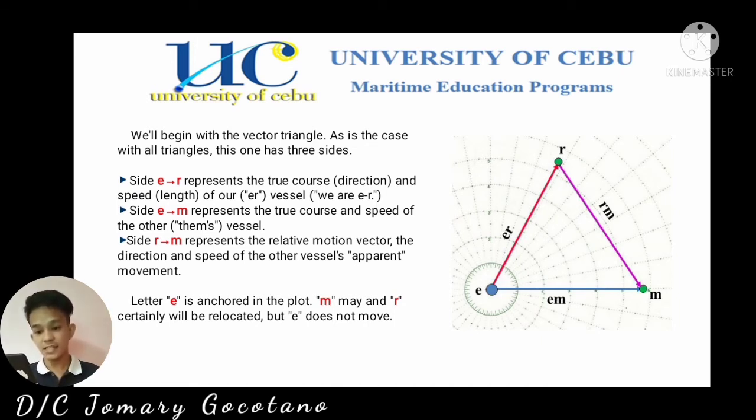Next is side EM, which represents the true course and speed of the other vessel, them, the EM vessel. Next is side RM, which represents the relative motion vector, the direction and speed of the other vessel's apparent movement.